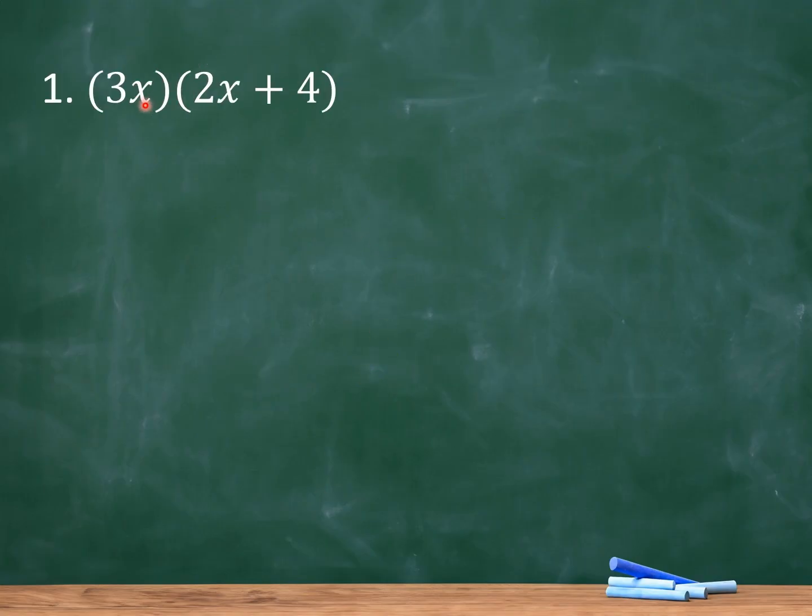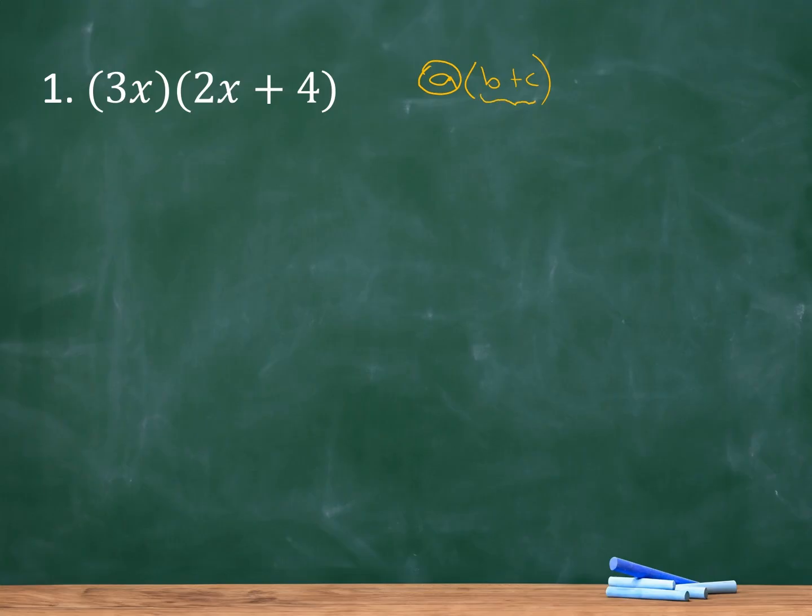Example number 1. 3x times (2x plus 4). To answer this, we will apply the concept of distributive property. The distributive property tells us that when we see something like a times (b plus c), what we're going to do is distribute a across the addition inside the parentheses.